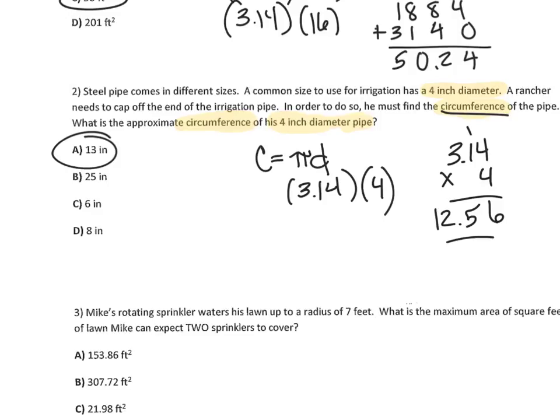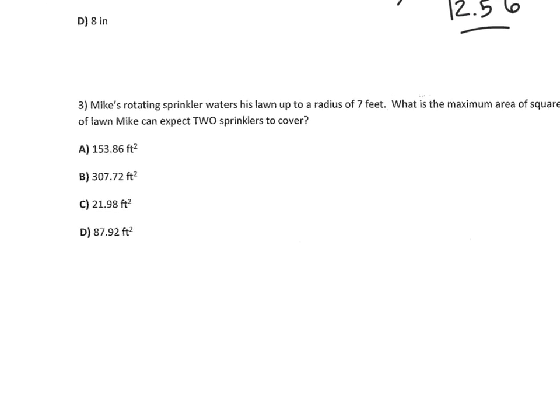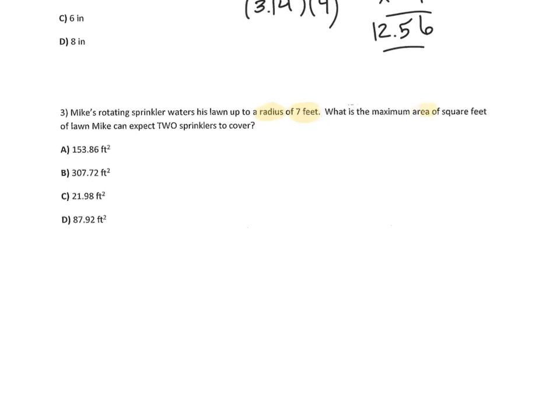Number 3, Mike's rotating sprinkler waters his lawn up to a radius of 7 feet. What is the maximum area in square feet of lawn Mike can expect 2 sprinklers to cover? We're going to have to do this 2 times.